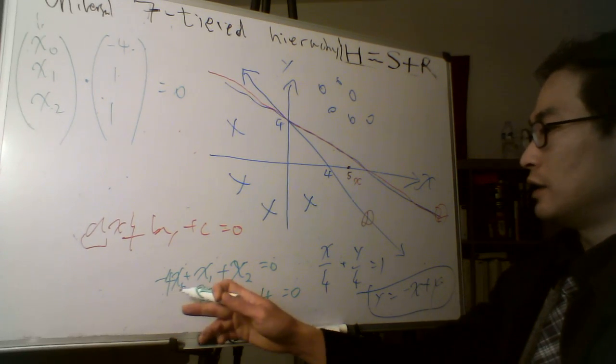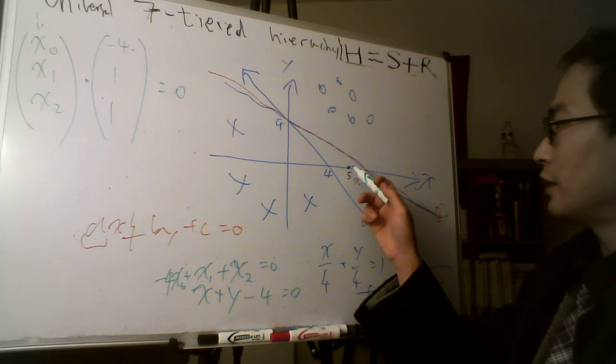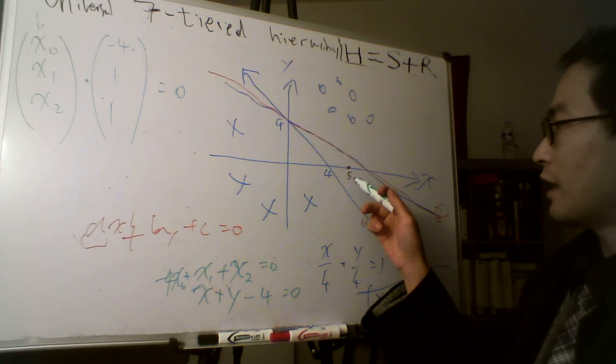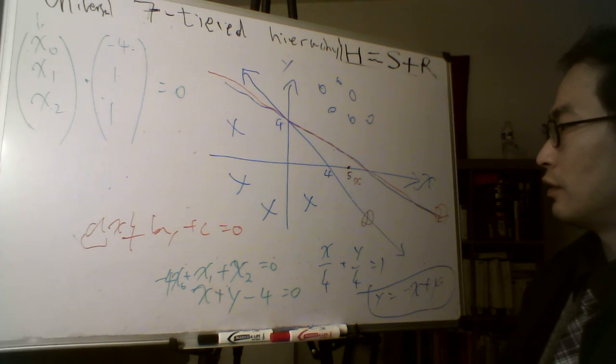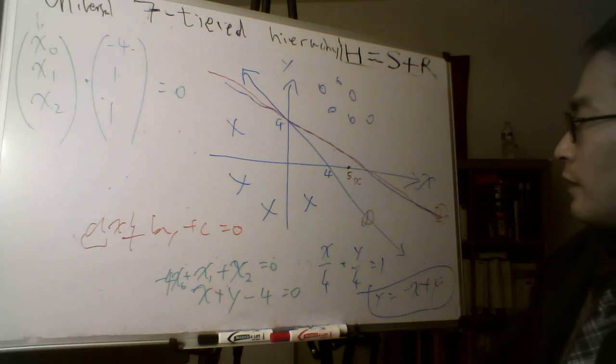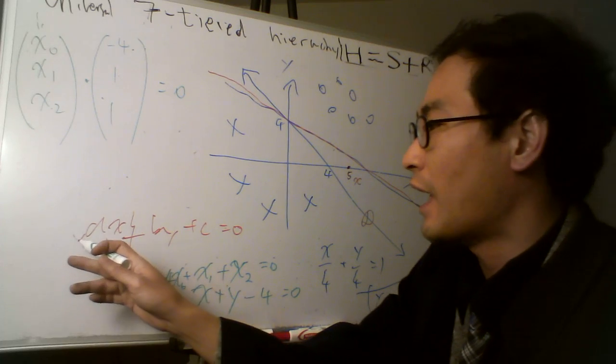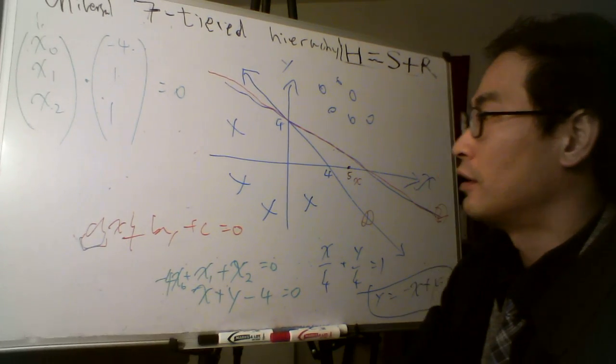We had this initial equation, but it misclassified this bad guy, 5,0. Now we want to increase x, meaning we want to decrease a here.